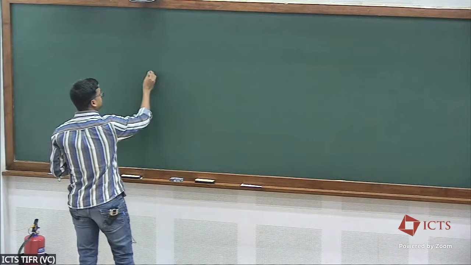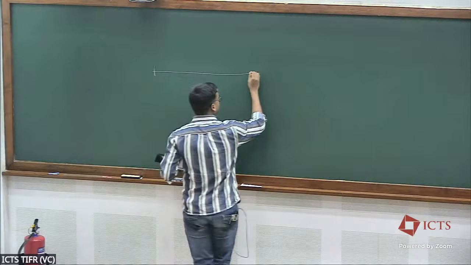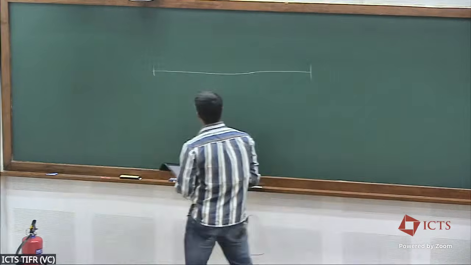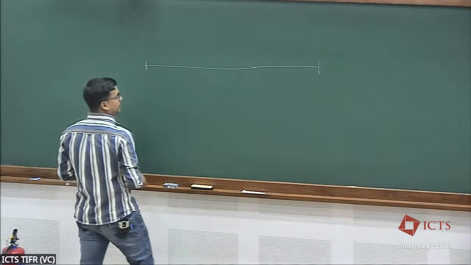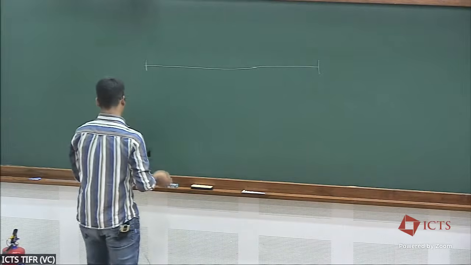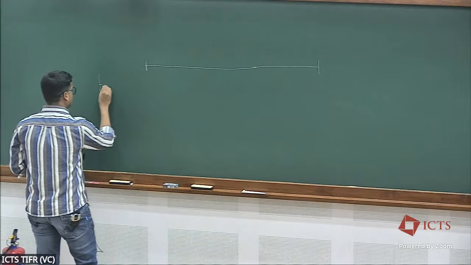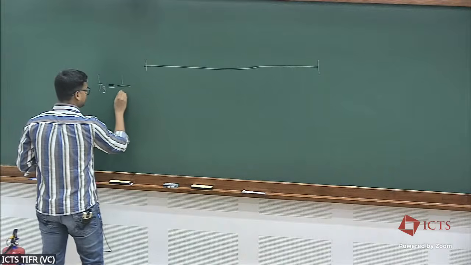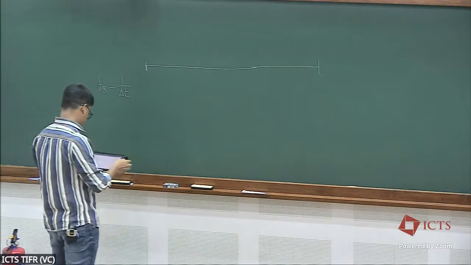So what we have at our disposal is a finite time observation, and we have a sampling rate of Fs given by 1 by delta t.